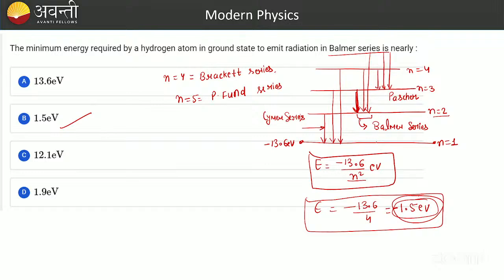For ground state, n equals 1, which means to eject any electron completely out of the ground state, how much energy we require, which is minus 13.6, means plus 13.6 energy we require to eject out the electron.